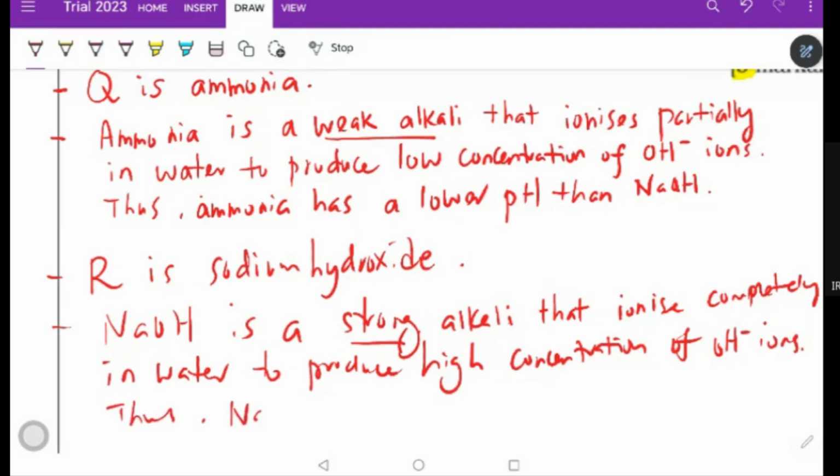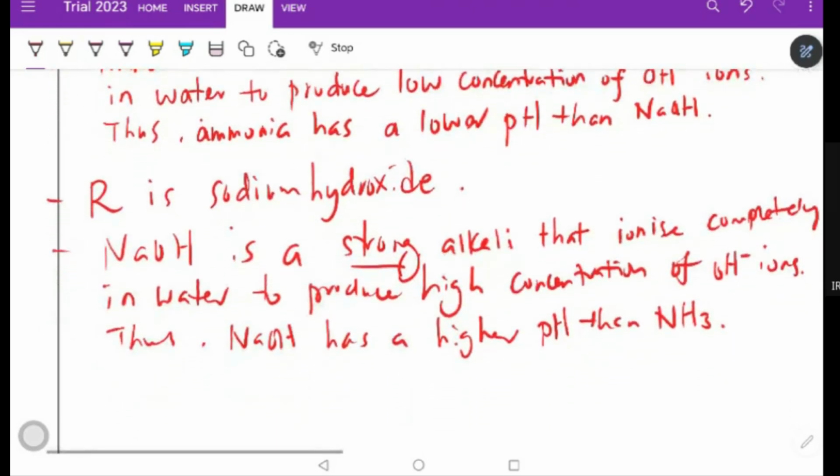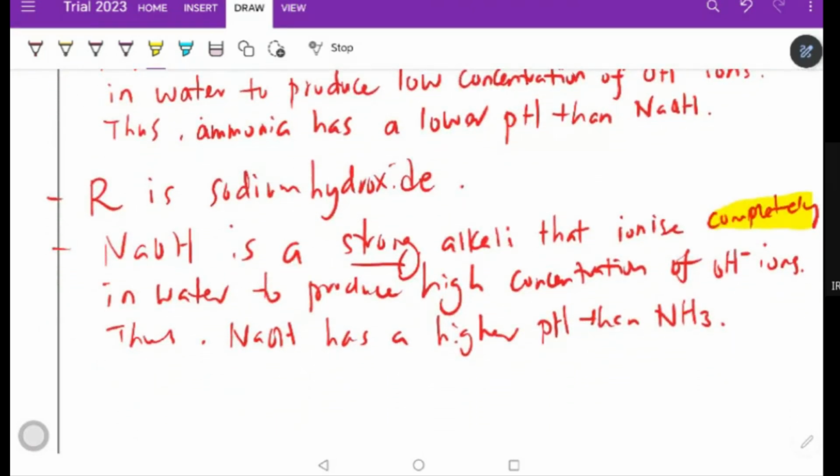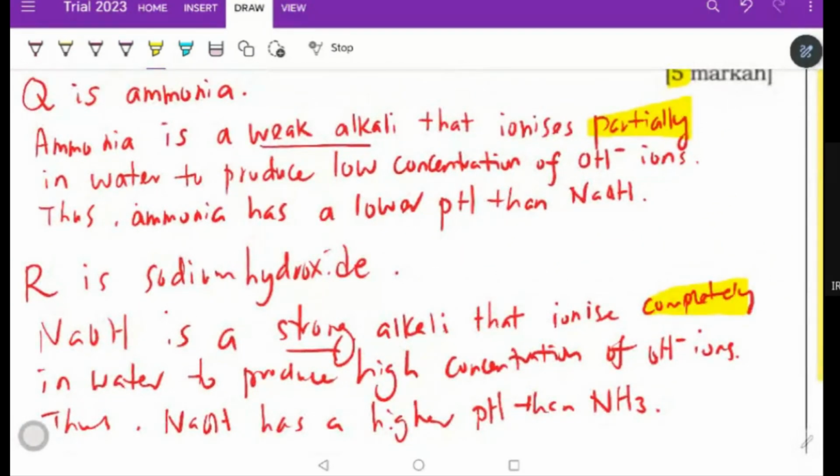Thus it has a higher pH than ammonia. If you can write like this, confirm can get full marks. Cairo don't use fully. They only accept completely. This one is ionized partially.